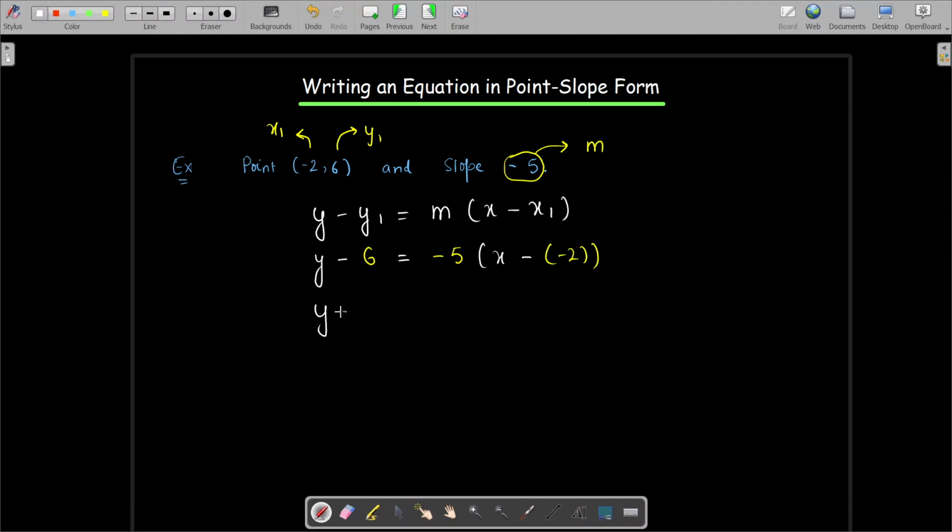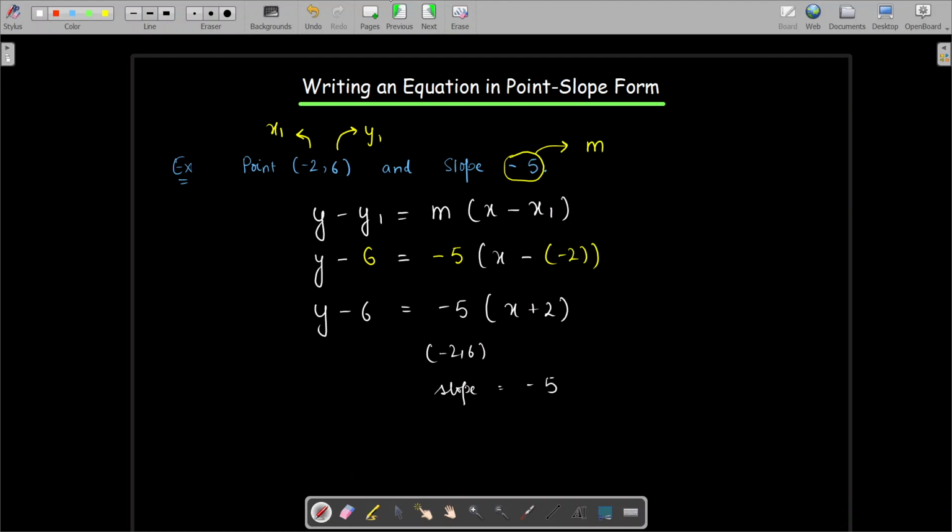So we get y minus 6 equals negative 5 times, simplifying inside the parentheses, x plus 2. And that's it. So this is the equation in point slope form, which includes the point negative 2, 6 and the slope negative 5.